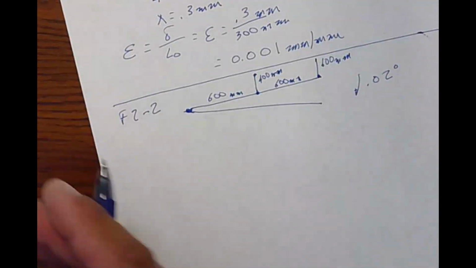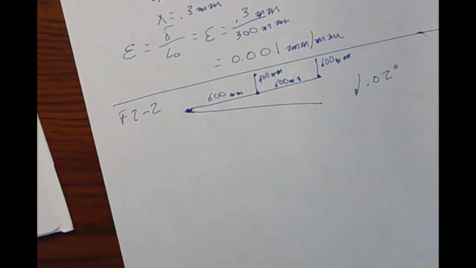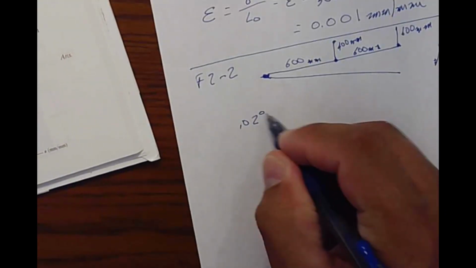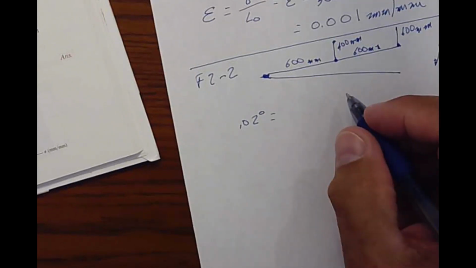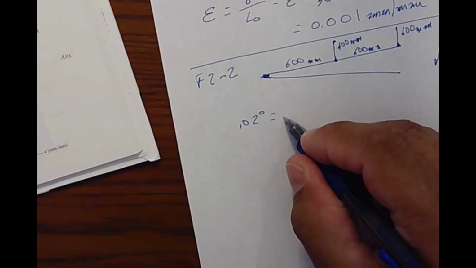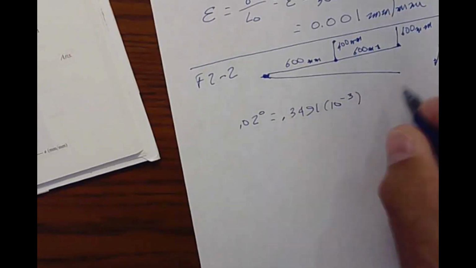So we have to convert that angle to radians. So 0.02 degrees is equal to 0.3491 times 10 to the minus third radians.